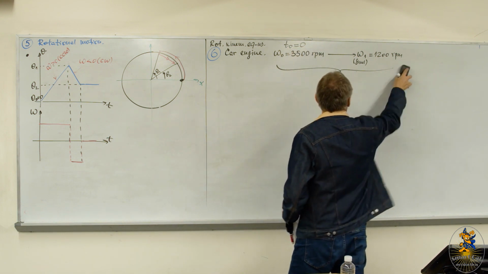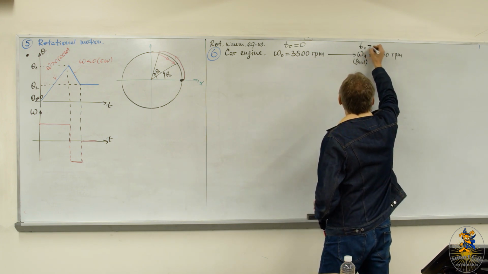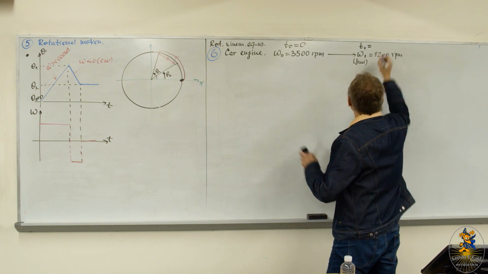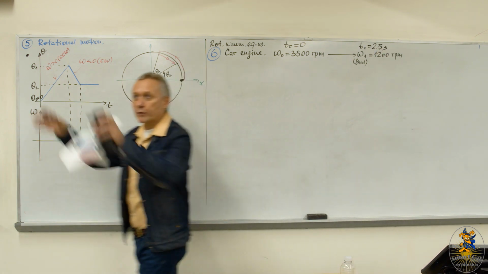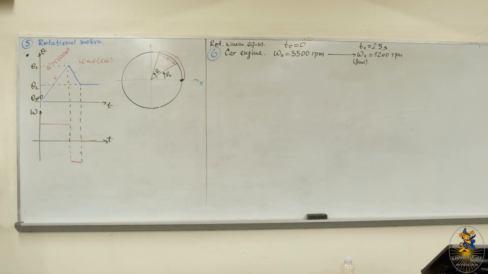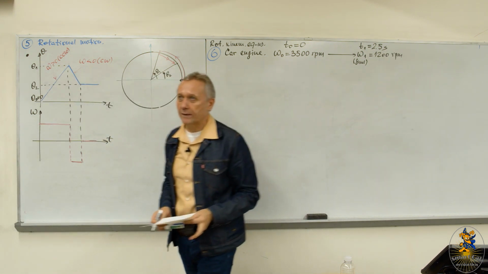No, you know what? Let me do it this way. Trying to find a more efficient way. So it happens at 2.5 seconds. Okay. So the first column is initial values, the second column the final values. Right? So this deceleration happens in 2.5 seconds.